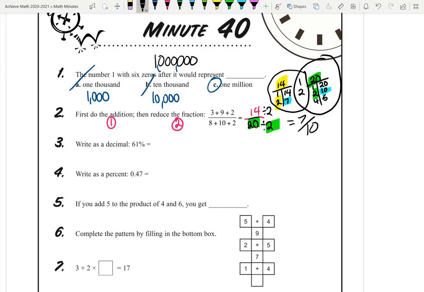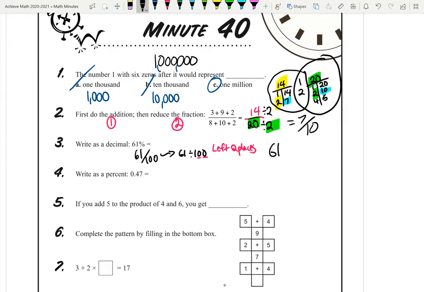Write as a decimal. So 61% basically means 61 out of 100, which means 61 divided by 100, which means to go left 2 places, 1, 2.